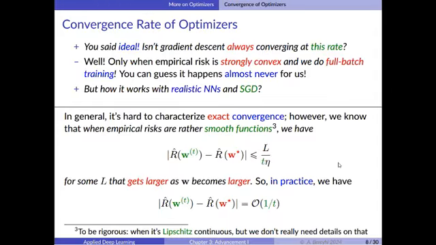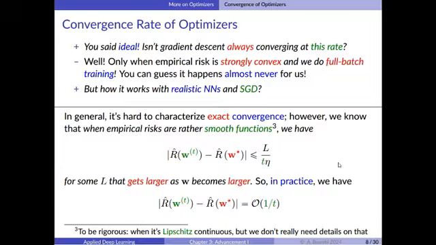We should note that if the empirical risk R hat is strongly convex and we have full batch training, we can say that gradient descent always converges at this rate. But in real problems, in realistic neural networks and stochastic gradient descent, it's not that easy to characterize this exact convergence.